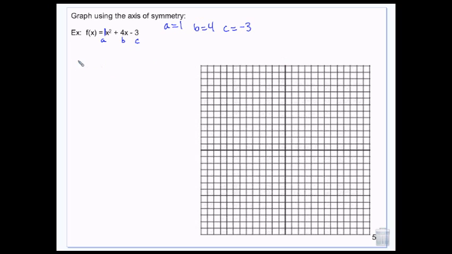So first we want to find the axis, which is -b over 2a. So it's -4 over 2 times 1, or -2. So once I found that line, I'm going to go to -2, and I usually just draw a dotted line.